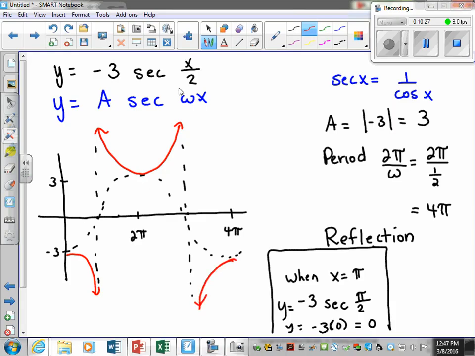Okay. Also, just a reminder, you can do that table. So let's say if x is pi, because remember it's 4 pi, so if I divided it in equal increments, each increment will be pi increments. So when x is pi, this is just one particular example. I plug pi in right here, which would give me pi halves. The secant of pi halves is 1 over the cosine of pi halves. So go to pi halves and do 1 over the cosine of x.